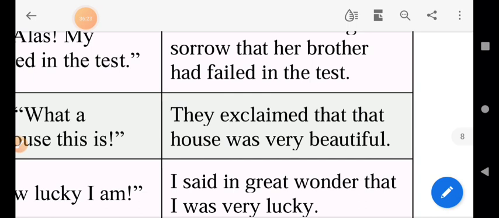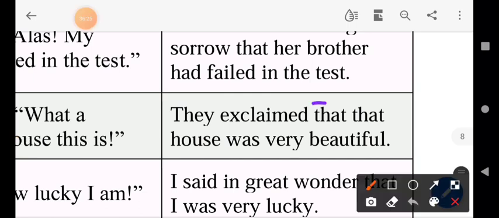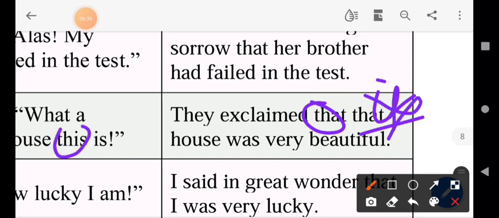That is a conjunction, but we should write it is also a pronoun, that house. Here this becomes that. That means this house was very beautiful. He exclaimed that that house was very beautiful.